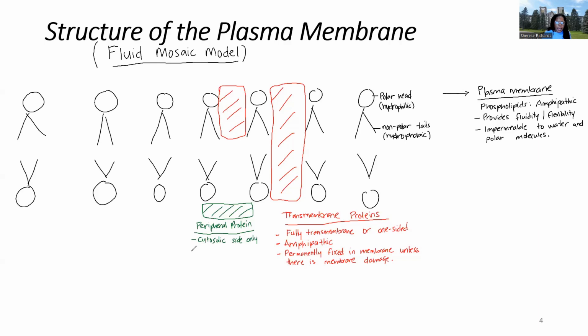Okay, and then this is going to easily be able to dissociate and move around. So unlike the transmembrane proteins that we described as permanently fixed, always in the same spot unless the membrane was damaged, peripheral proteins can float around. And again, this is how we refer to this as that fluid model.